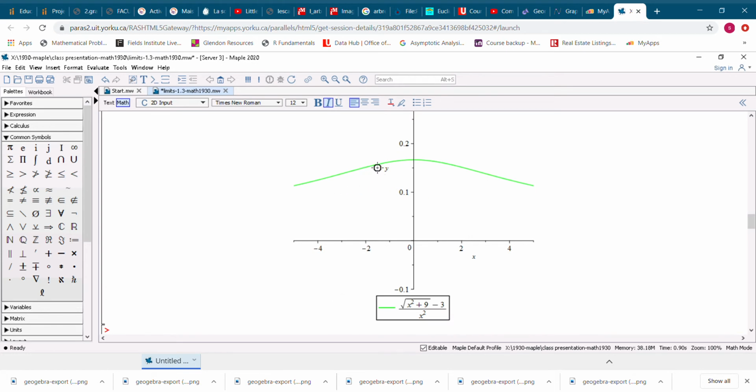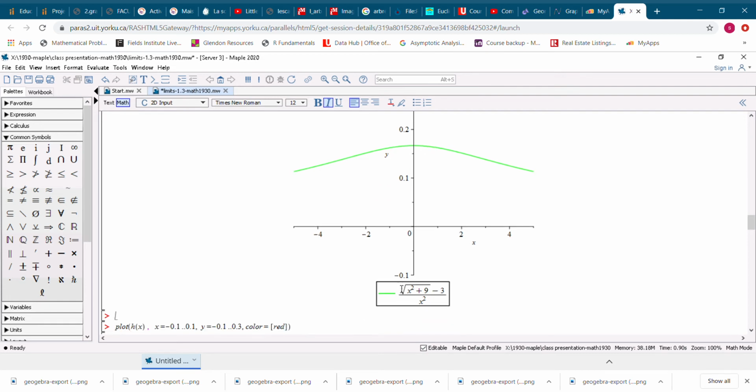Yes, at 0 the function seems to approach the limit 1/6, even though it's not defined at 0. So the concept of limit, if we can define it well, will allow us to describe what is happening close to a particular point of the function where the point is causing a problem.